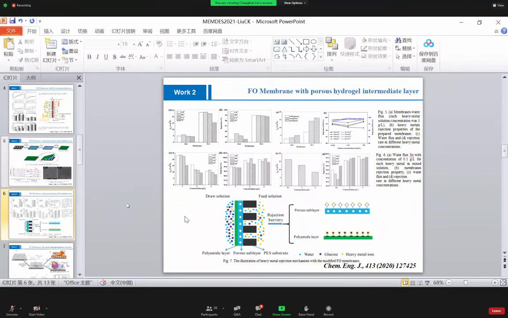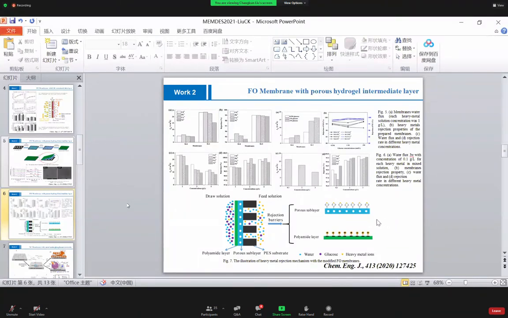So we further investigated the rejection mechanisms with our materials, and we found there are actually double barriers for the heavy metal ions. One rejection barrier is the intermediate layer, which contains residual carboxylic groups. These carboxylic groups can combine the metal ions through electrostatic attractive force. Therefore, it forms the first barrier to most of the heavy metal ions.